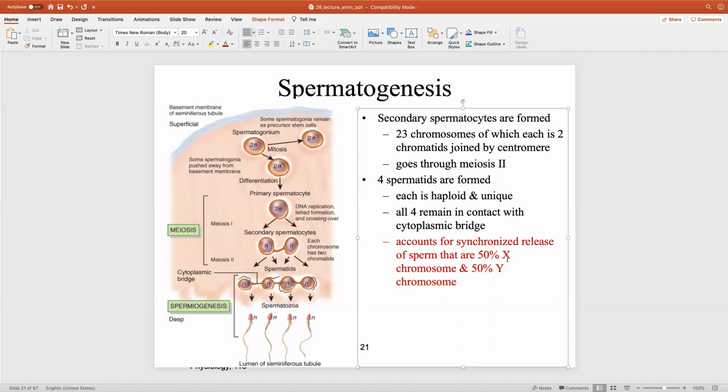Dads can have X or Y sperm. If the Y sperm penetrates and fertilizes the egg, now you have an XY baby. 50% of male sperm is X, 50% is Y. There should be a 50-50 mix.